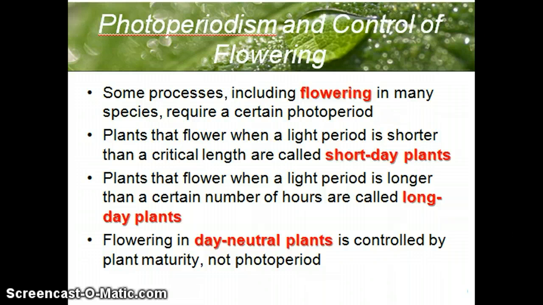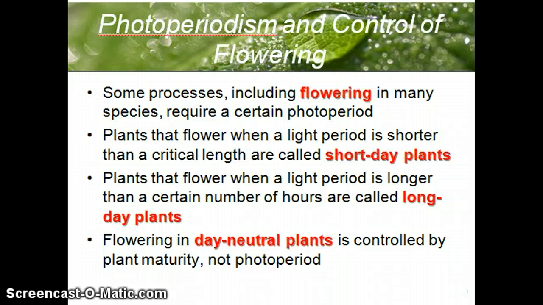So photoperiodism is involved in the control of flowering, as I referred to at the beginning of this section. Some processes, like flowering, require a certain photoperiod, which is a length of daylight or actually a length of dark.